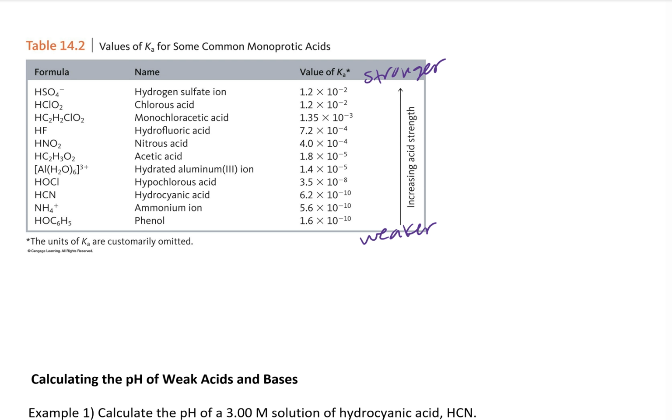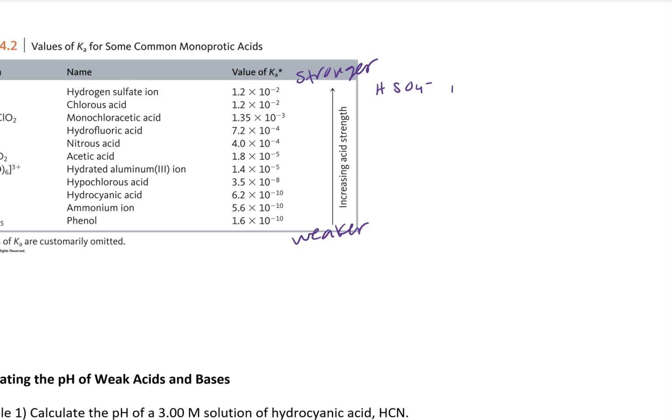So for hydrogen sulfate ion, we could take HSO4 minus. We can put that in water. By definition, an acid gives away its hydrogen. So this acid is going to give away its hydrogen and turns into the sulfate ion.